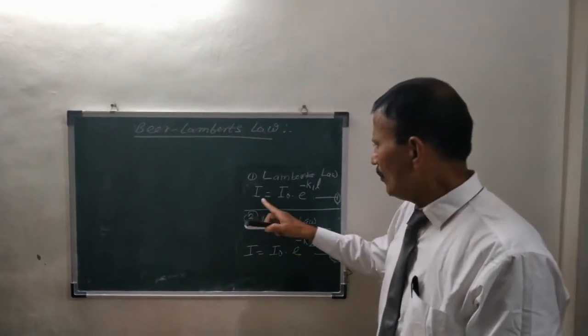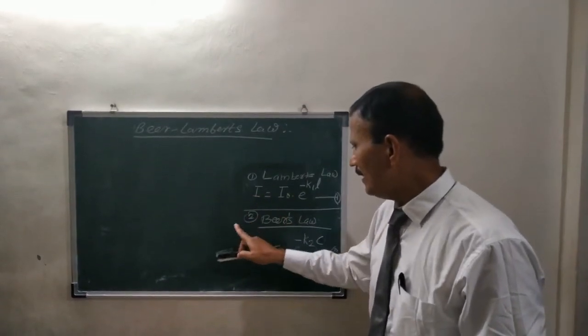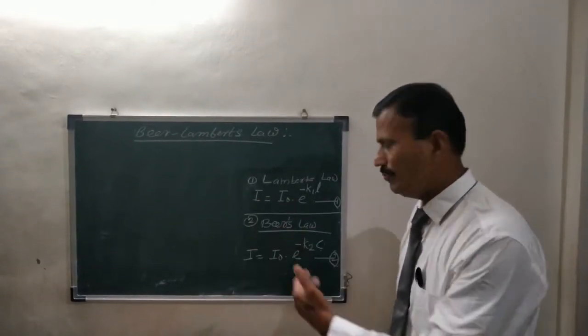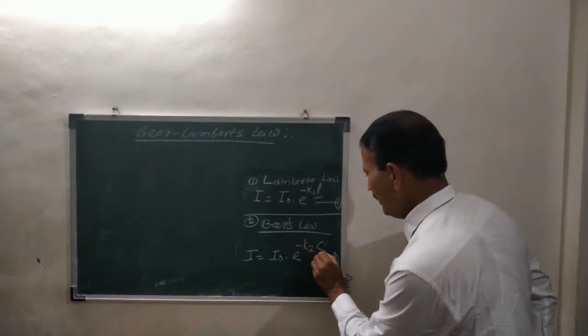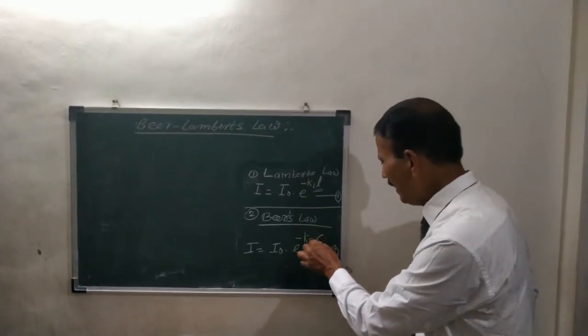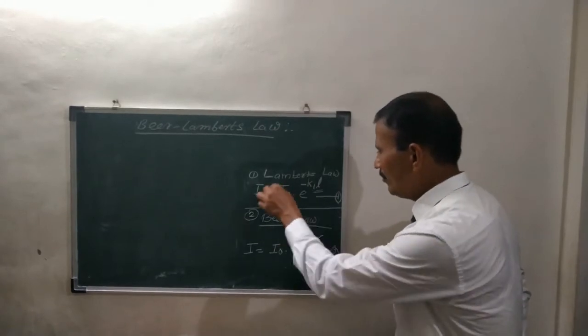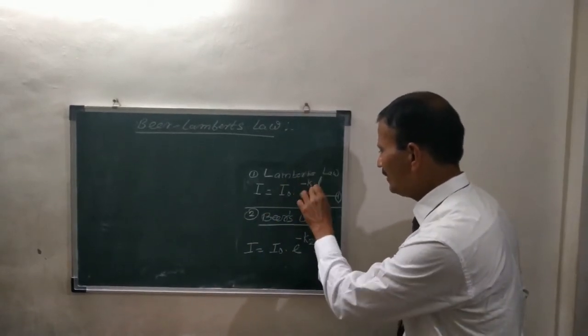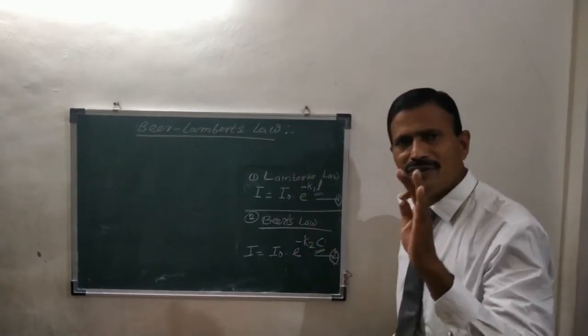Now when you look at these laws, it is seen that the left-hand side is similar, and the only change is seen in these two terms, that is path length l and concentration c, and the rest of the terms are constant. For example, K1 for Lambert's and K2 for Beer's law are constant, right?